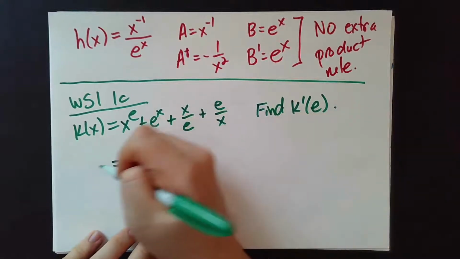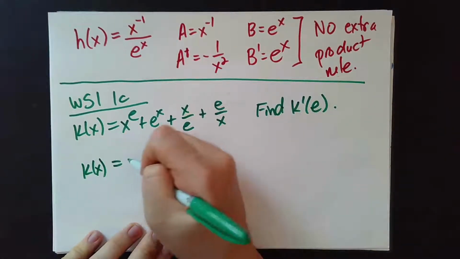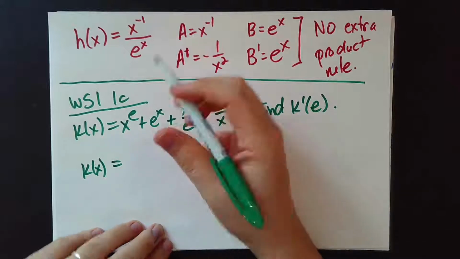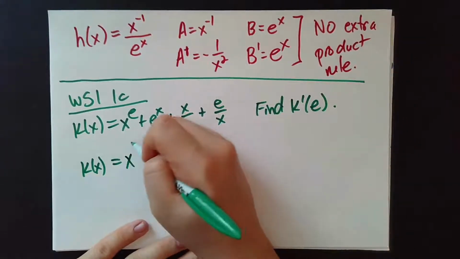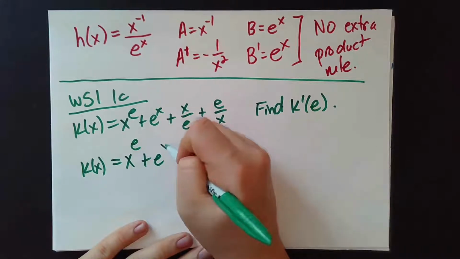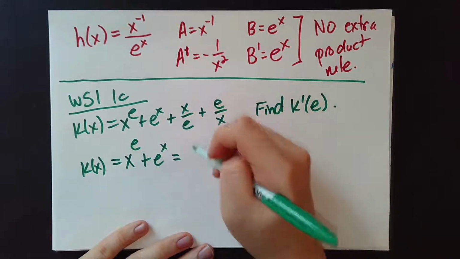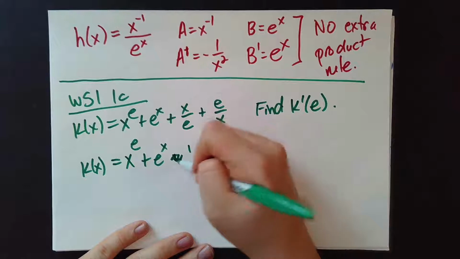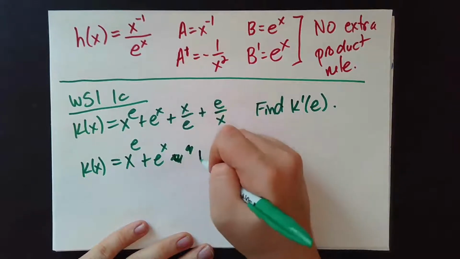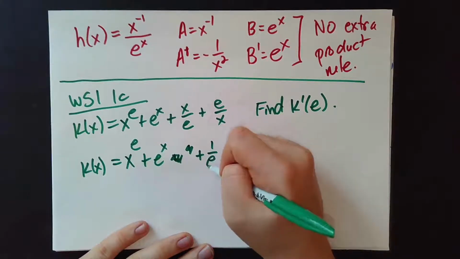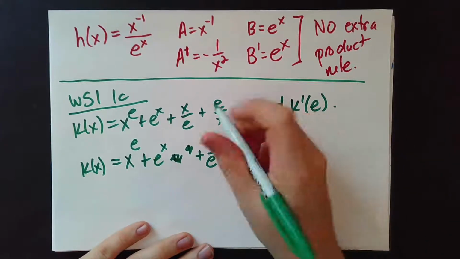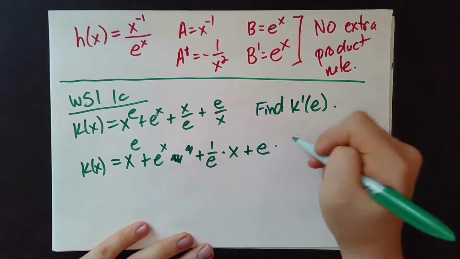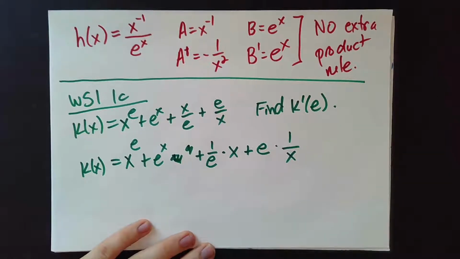Okay, so here's one where I think it helps an awful lot to rewrite a lot of this before we start. So let's write x to the e plus e to the x. This is, it will help me to write this as 1 over e times x plus, and then this it will help me to write as e times 1 over x.